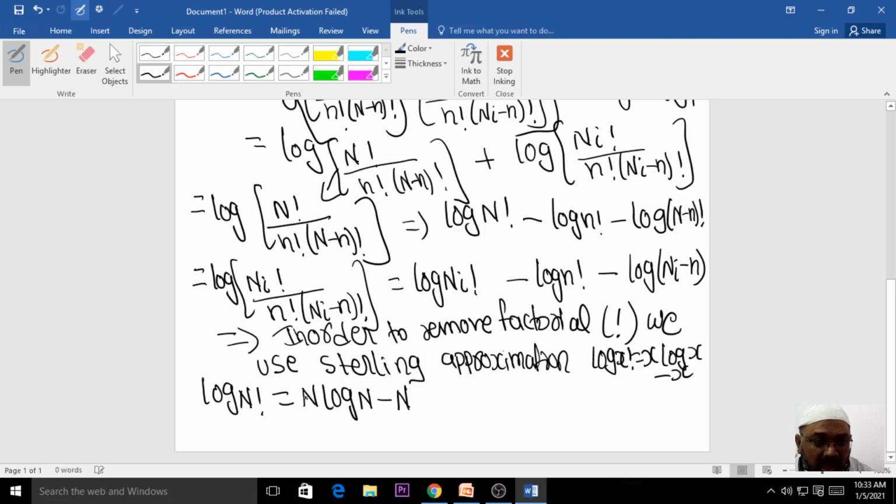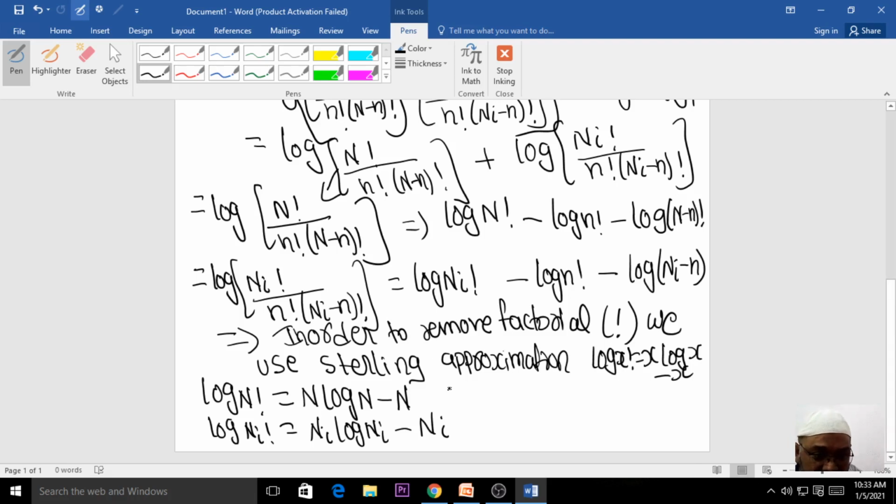Very simple. And wherever you find log N_i!, it is written as N_i log N_i minus N_i. Now you can see this is the term we expanded; we have removed the factorial term.